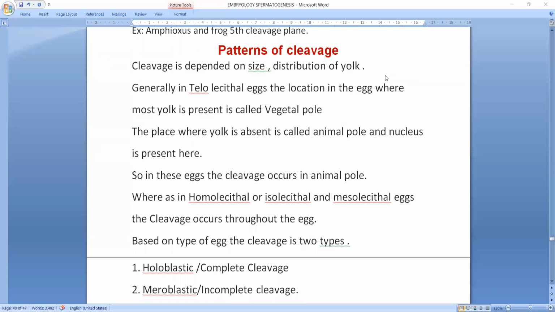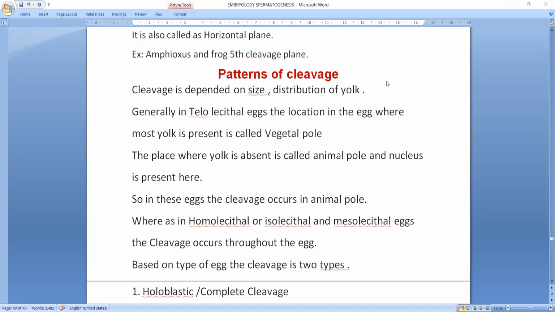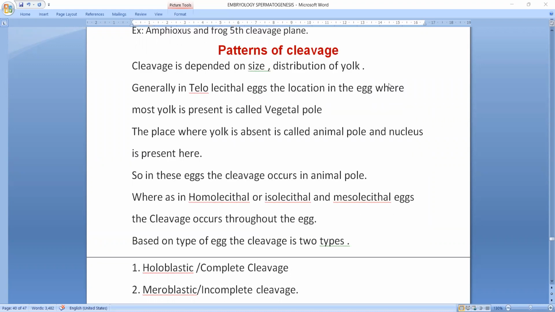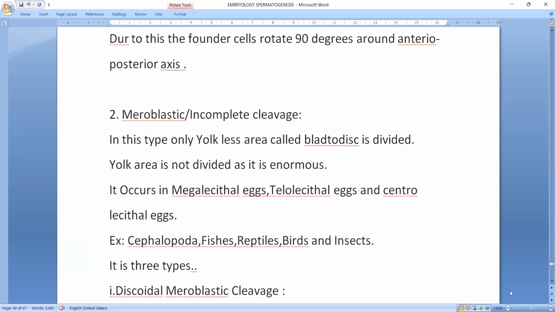Right. Patterns of cleavage. Yesterday, in the previous class, we discussed 4 different types of planes of cleavage. Today we will discuss the patterns of cleavage, types of cleavage.